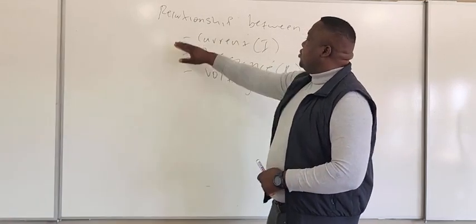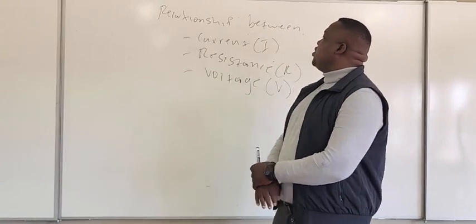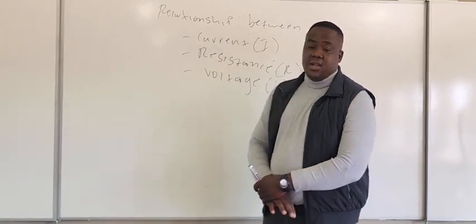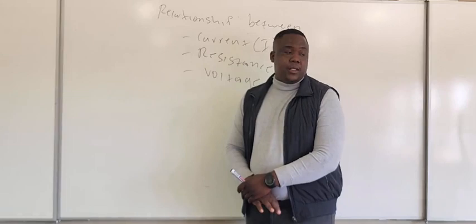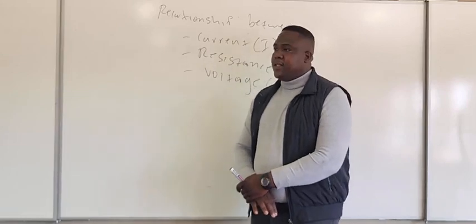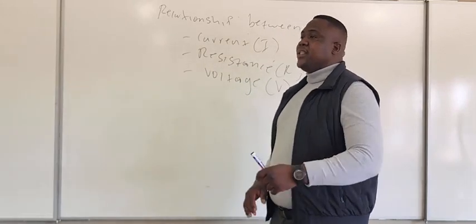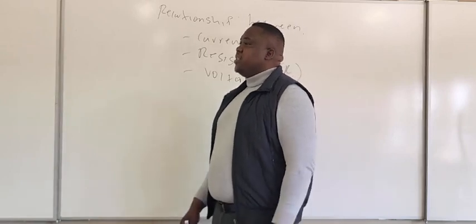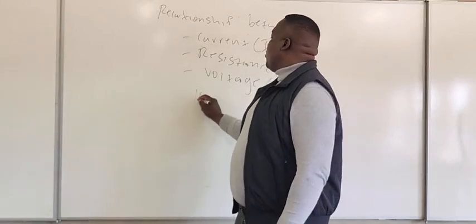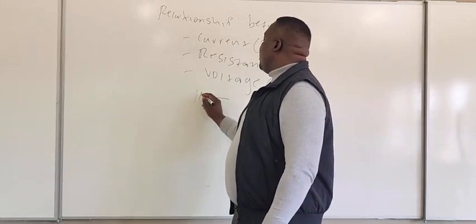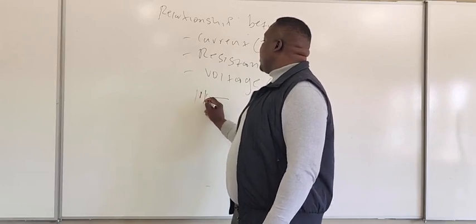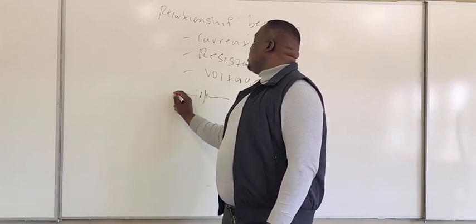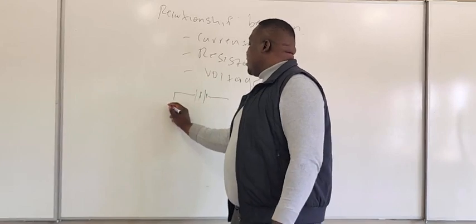Today I want us to focus on the relationship between current, resistance, and voltage. But before we do that, in the last lesson we spoke about an electric circuit like this.